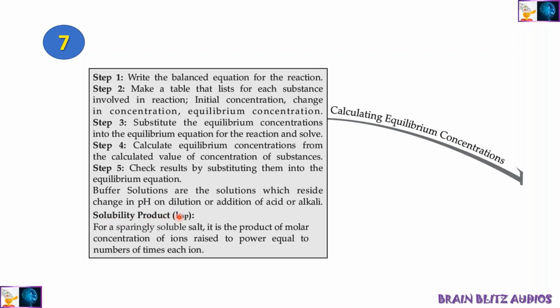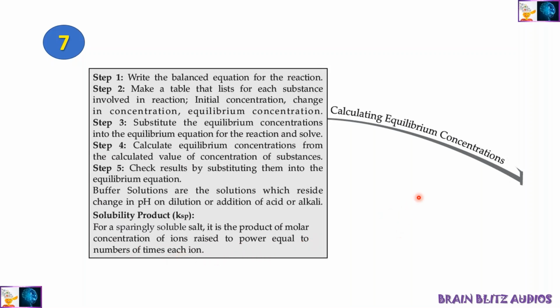Solubility product, or KSP. If we have a sparingly soluble salt, such as silver chloride, AgCl, which does not usually dissolve in water that easily, the solubility product is the product of the molar concentrations of ions raised to the power equal to the number of times of each ion.